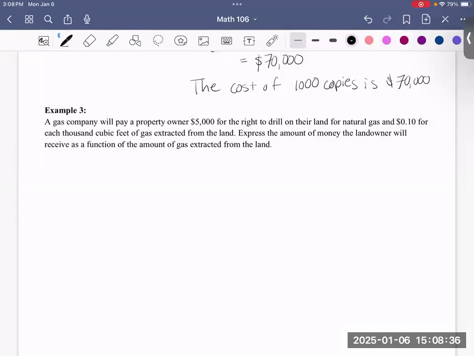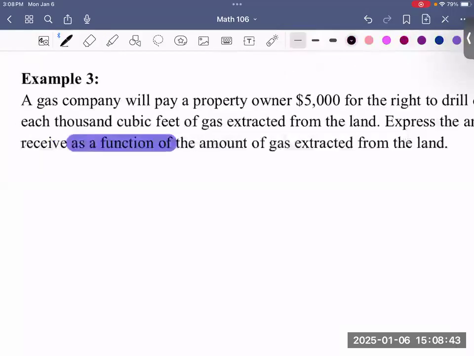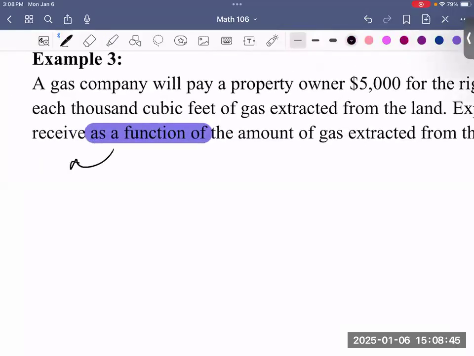When it does say this sentence, as a function of, what's nice is that before as a function of, this will read our y value. And following as a function of, this will refer to your x value.